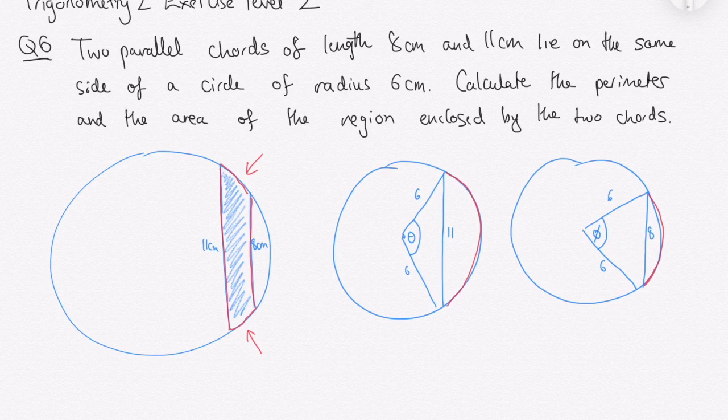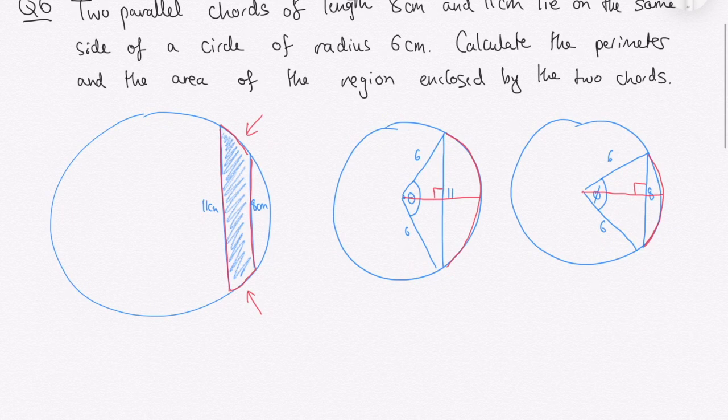Okay, so what I'm going to do is draw on a radius that bisects the chord, and we know the radius that bisects the chord meets it at a right angle. So we have a right angled triangle here. We can do the same thing on this second circle. So if we draw out this triangle formed, we have a right angled triangle with a hypotenuse of length 6.